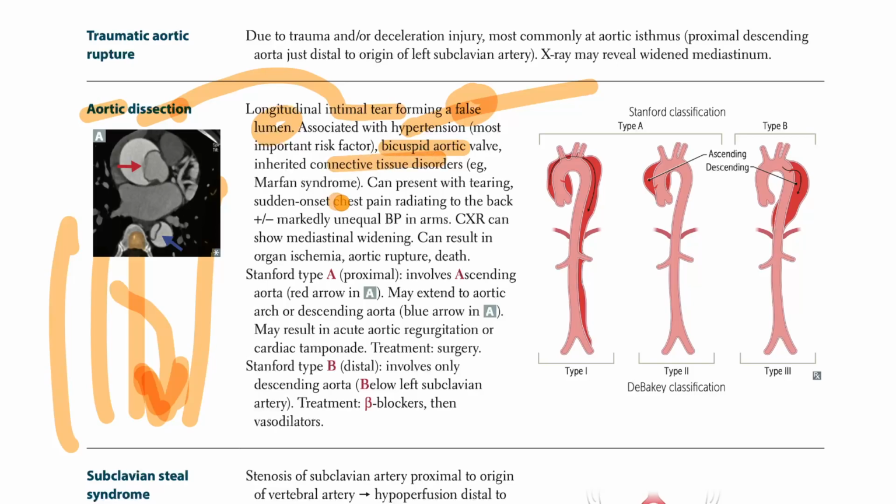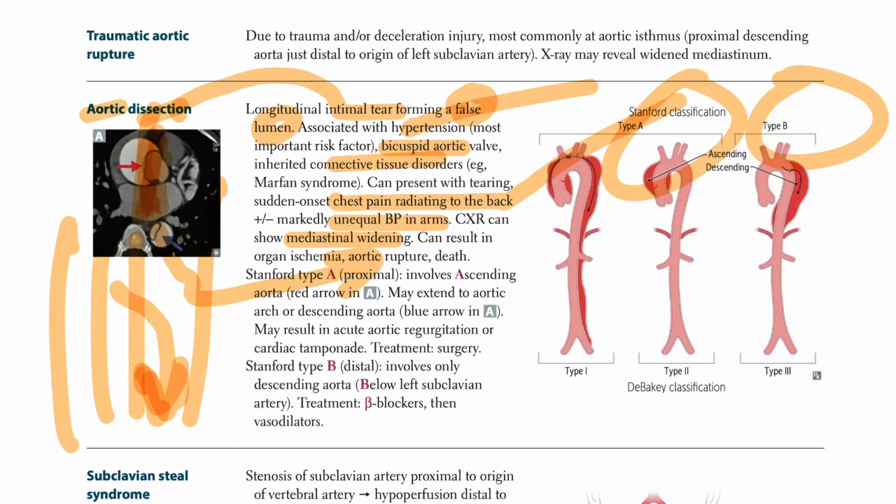It can present with chest pain that goes to the back between the scapula, with unequal blood pressure in the arms, and mediastinal widening will be seen. On TEE, you will see a dissection flap in the ascending or descending aorta. It can result in dissection, or in full-blown rupture, causing ischemia and death.